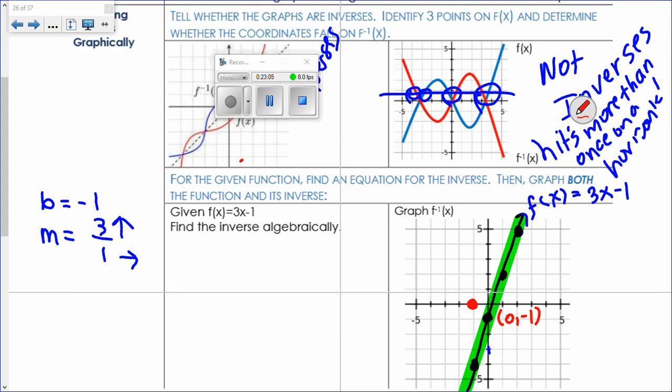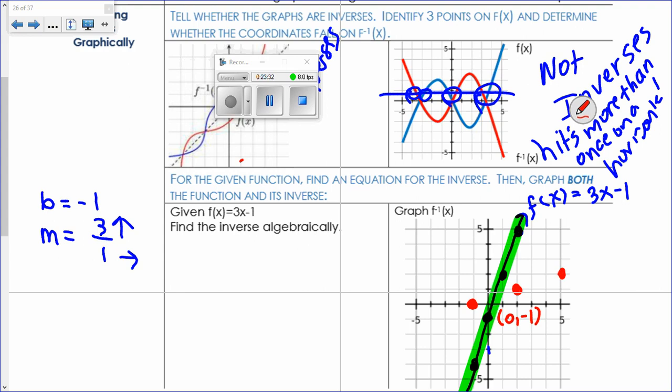So 2. So right 2, up 1. That's my another point. And it looks like I'm going right 3, up 1. I'm going the opposite. And I have 2 points. I have my 2 points. I'm pretty good. I'm pretty set.